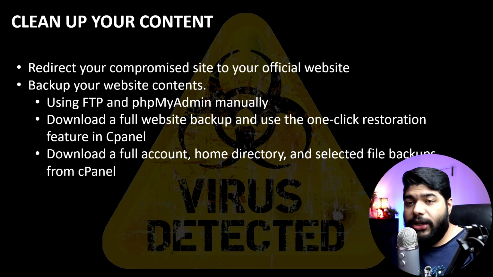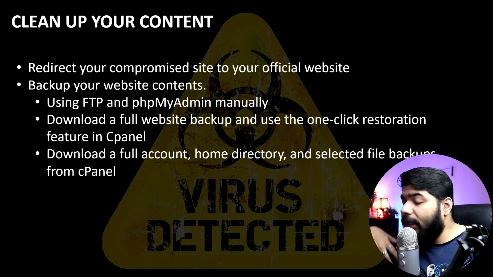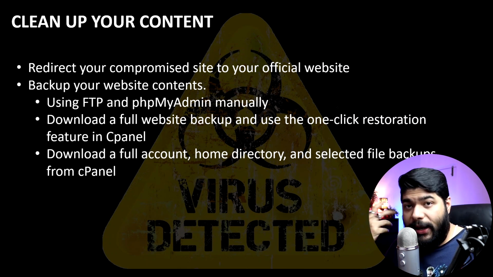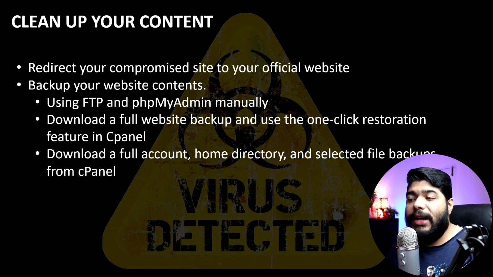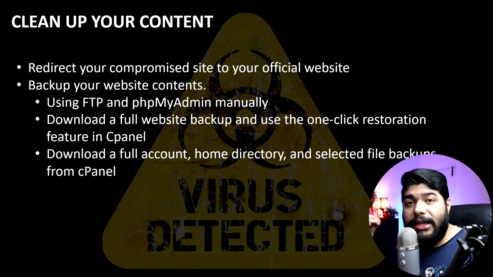There are also options where you can simply download your full content from your cPanel section, from your website backup. It's a single click restoration. So you go to your cPanel and you can just restore from your old known good backup. So that's the easiest option for you to clean up your content.